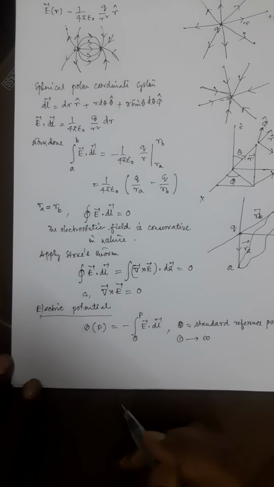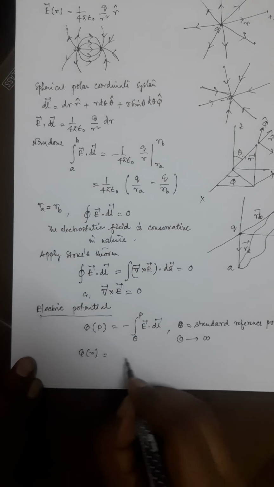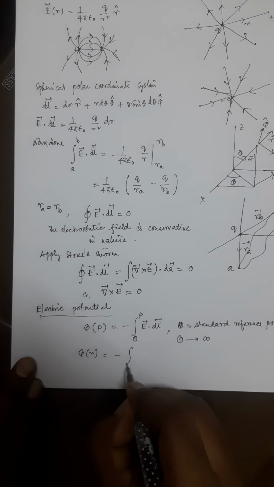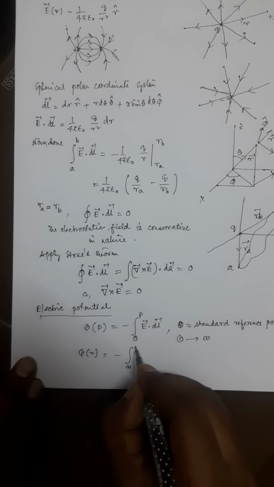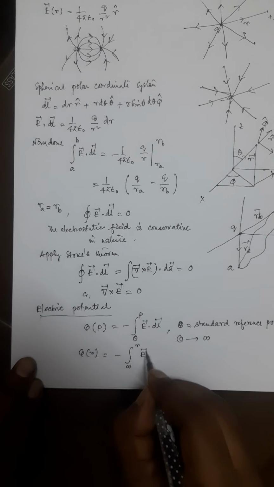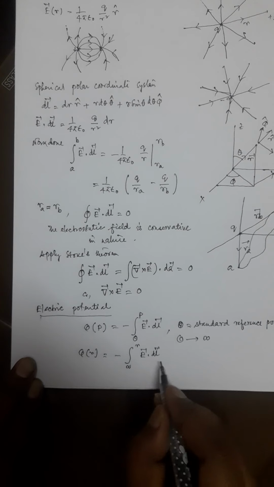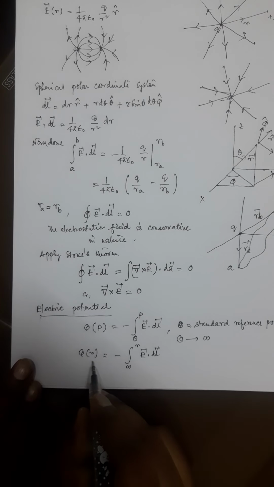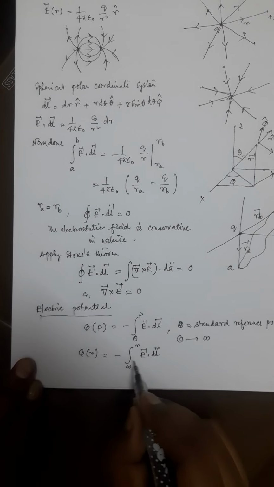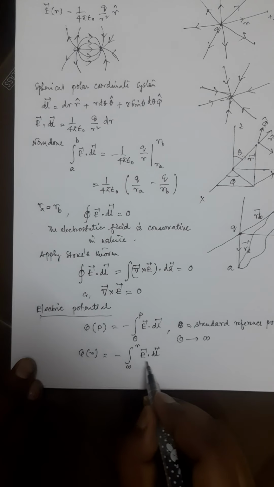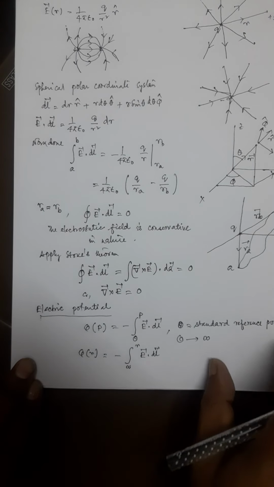And in general form, we can write the electric potential at any point r as minus integral from infinity to r of E dot dl.